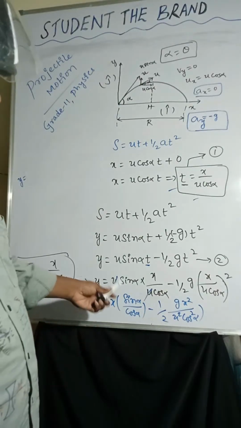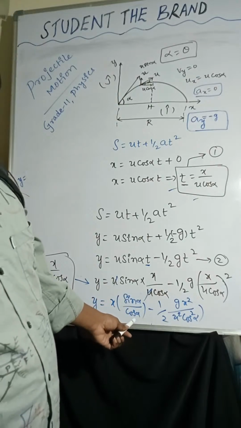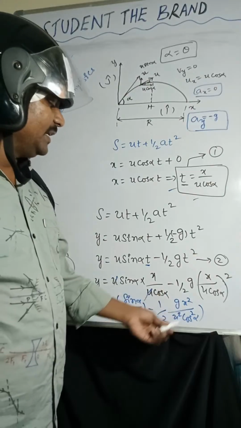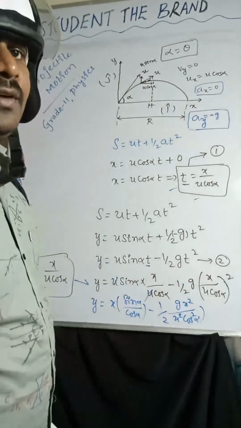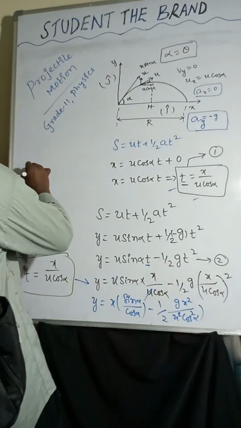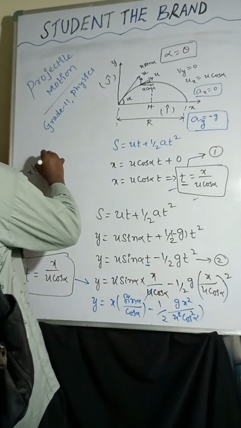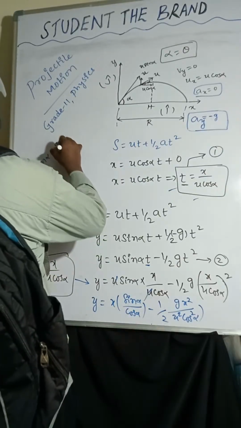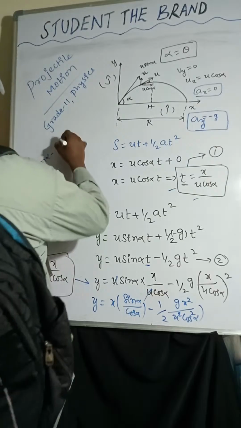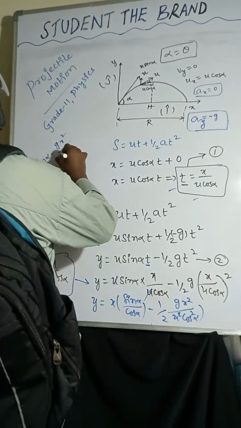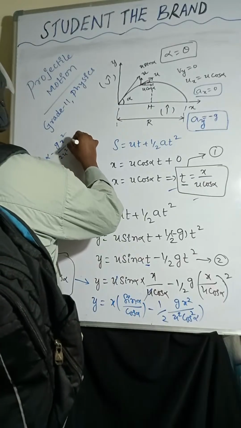What is this one, tan alpha, minus 1 by 2 into g x square by u square cos square alpha. Yes or no? Now x into tan alpha minus g x square by 2u square cos square alpha.